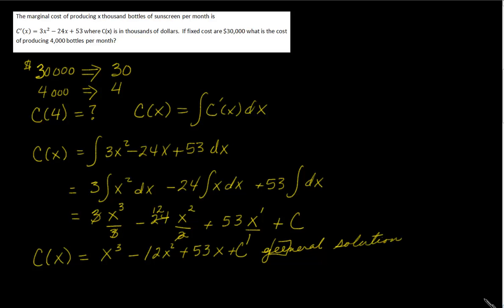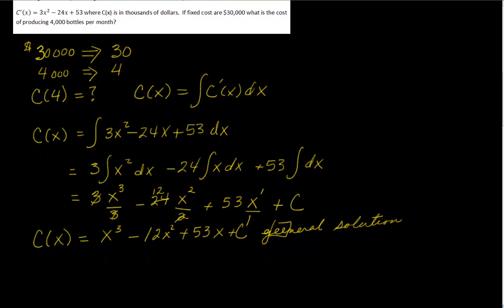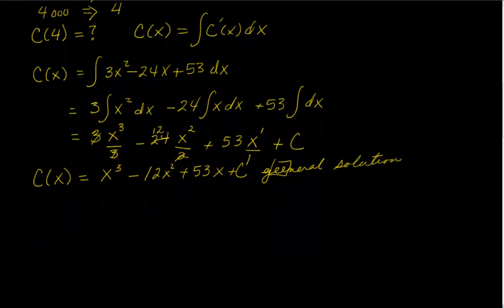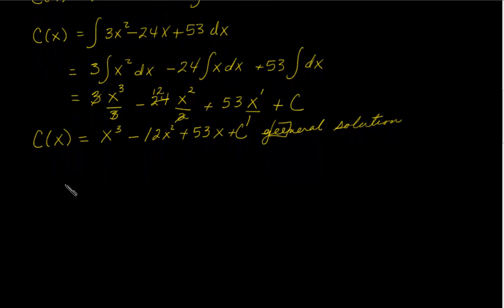Well, we want a particular solution. Let's scroll up a little bit and see if we can find a particular solution. And I have an initial value, and it's that initial value that will let me find the particular solution. So my initial value is that when my production level is 0, my cost is equal to 30.